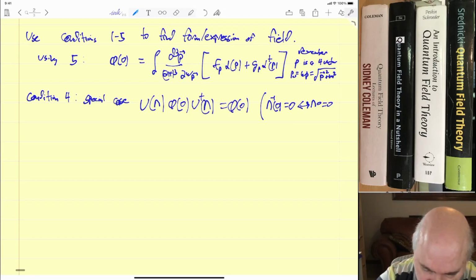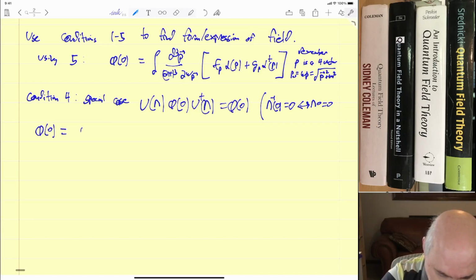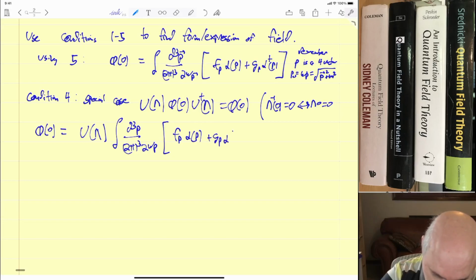So now I'll substitute this expression into here. I get φ(0) equal to U(Λ) times the expression.